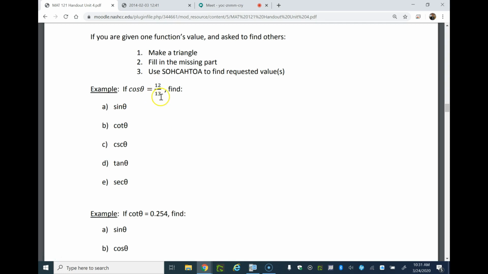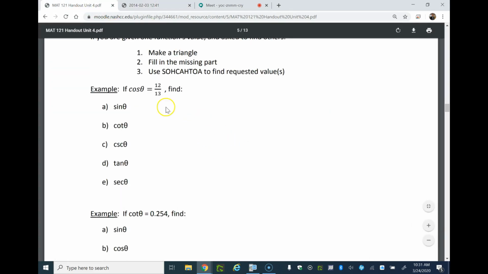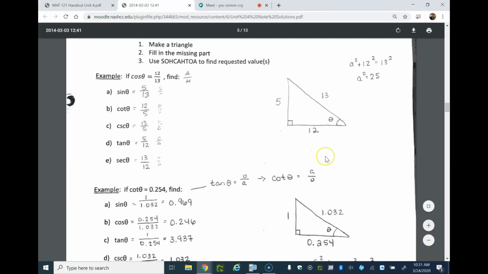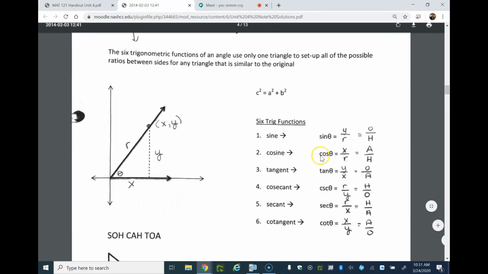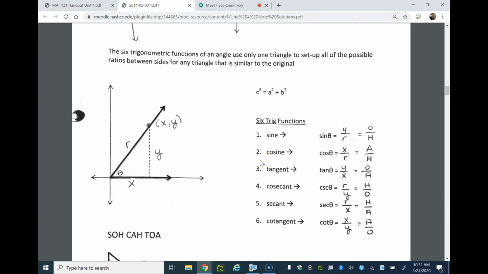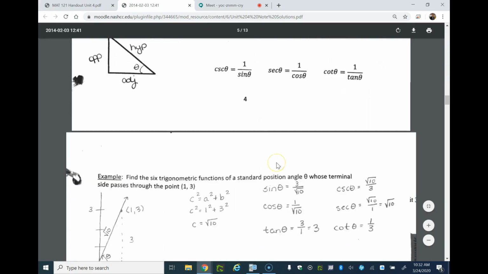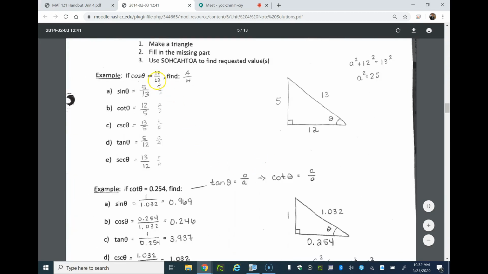So how do we get the rest of the parts? Well, 12 was, if we're talking about this angle here and we're talking about cosine, remember cosine deals with x over r. Because this is located on the bottom, that's going to be our hypotenuse, which is here.